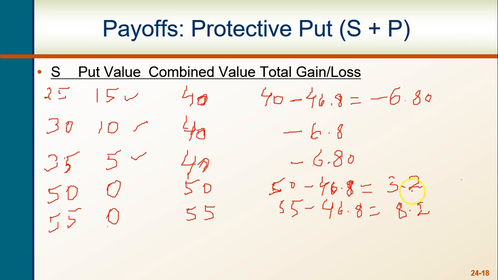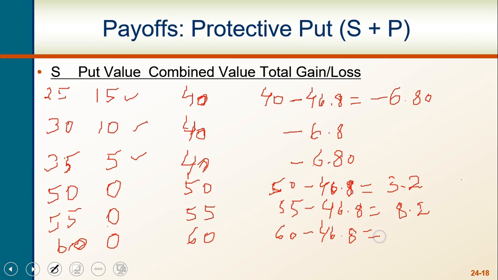So let's write here $60. So the stock price rises to 60. Put value will remain 0 now because it is, if you remember, out of the money. And the total combined value is going to be 60 plus 0, 60. And then the total gain or loss will be 60 minus 46.8, which would give you $13.20.